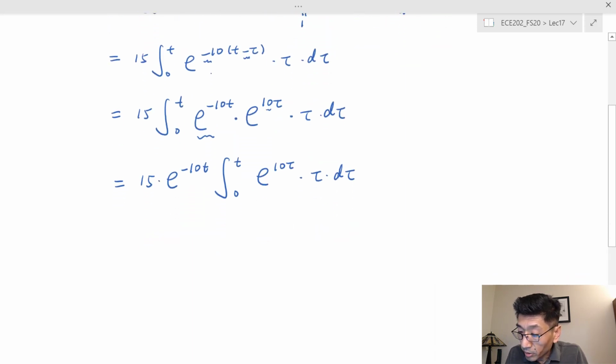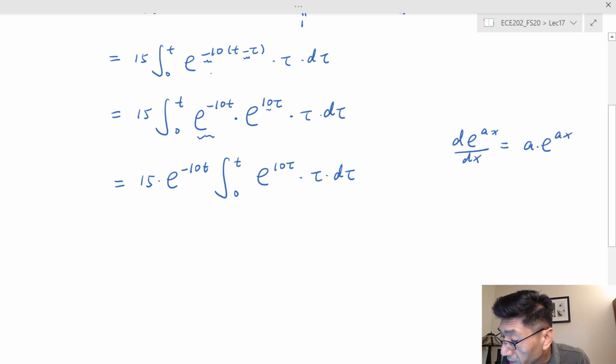So what I will do is use the fact that d of e to the ax over dx is equal to a times e to the ax, right? Therefore d(e to the ax) would be equal to a times e to the ax dx.